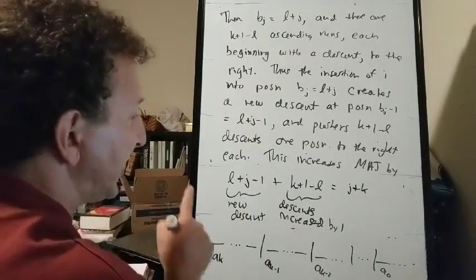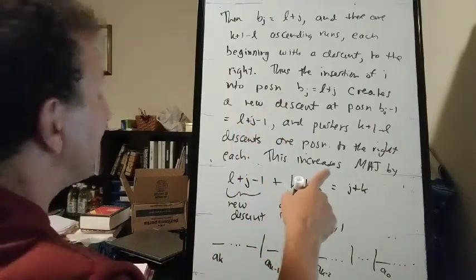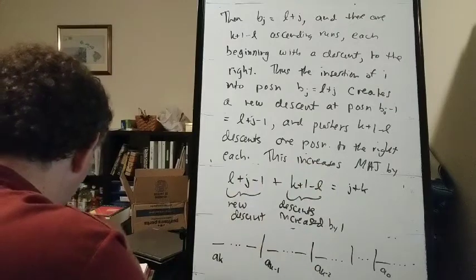Now, J was the index of the B, and let's see, I erased how many of those there were.